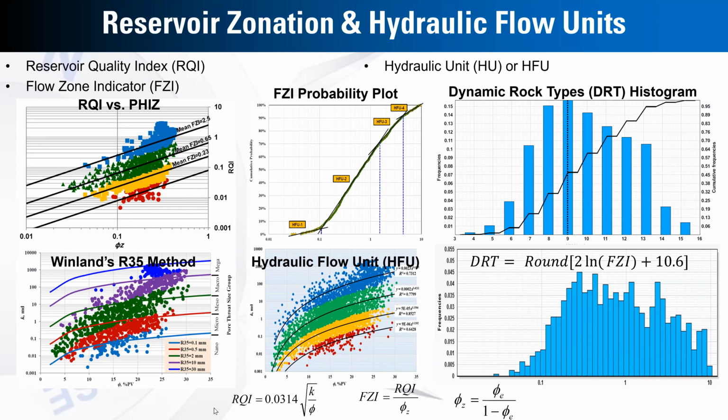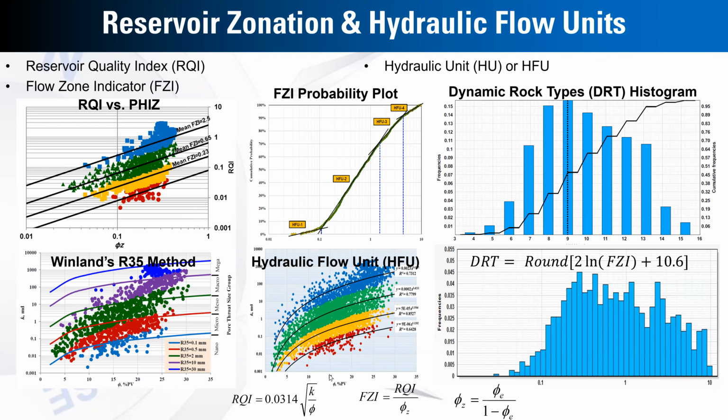All of them depend on these three equations: the RQI, reservoir quality index, which is a function of porosity and permeability measured in the routine core phase, and FZI, flow zone indicator, which is a function of RQI and phi z, where phi z is the normalized porosity. So all of these definitions are functions of only porosity and permeability.